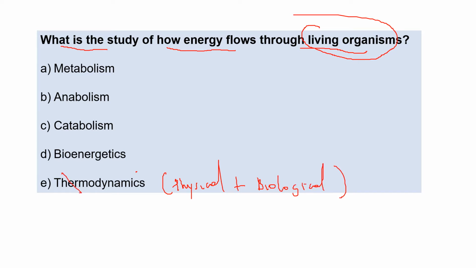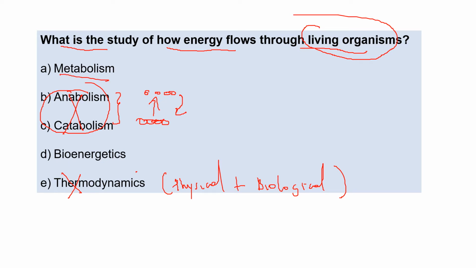So thermodynamics is too general. Anabolism and catabolism, we just watched and explained. Here you go from complex to small molecules, and in anabolism you go from simple to complex. So here we are not talking about the energy flow in that sense. Both are partially correct, so this is not exactly the answer.